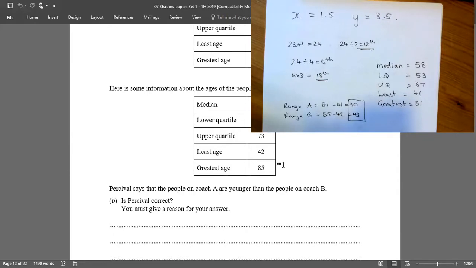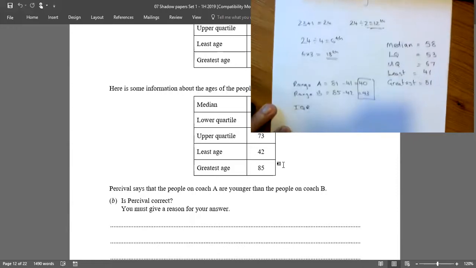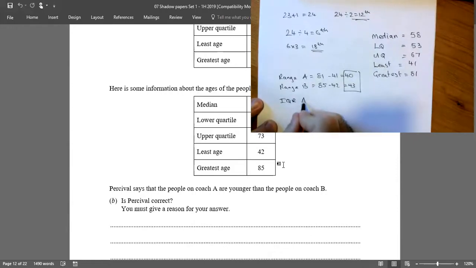Okay, the interquartile range for A is 67 minus 53, which is 14, and the interquartile range for B is 73 minus 54, which is 19.